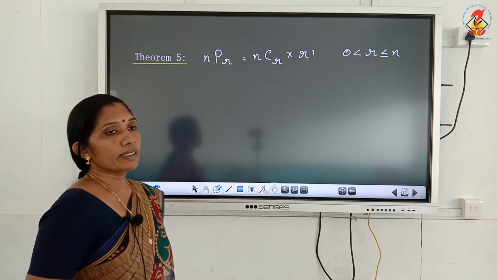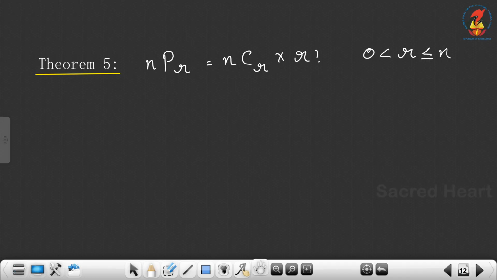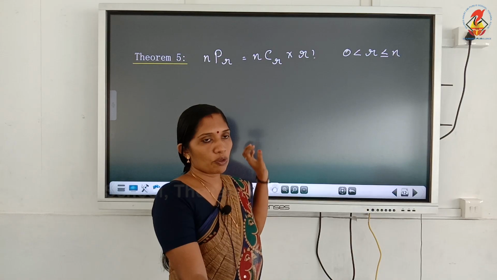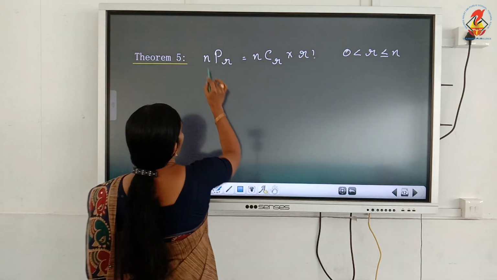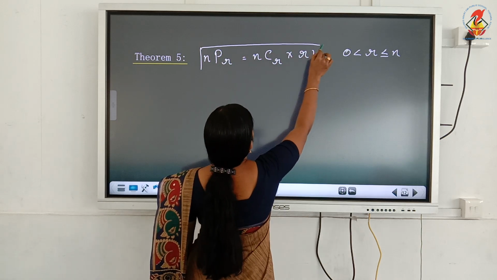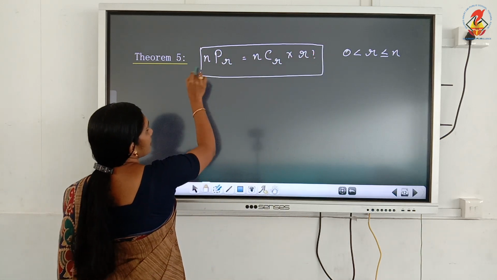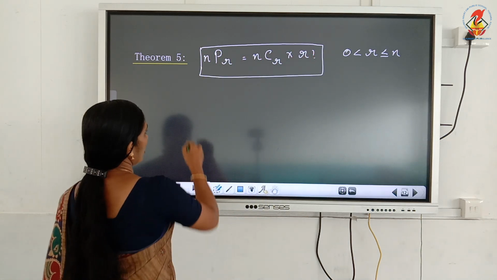So look, theorem 5: nPr, the number of permutations of n objects taken r at a time, is equal to nCr into r factorial, where r is 0 less than r less than or equal to n. So it is understood from the previous example. No need to write the proof, you just have to learn this. nPr is equal to nCr into r factorial.